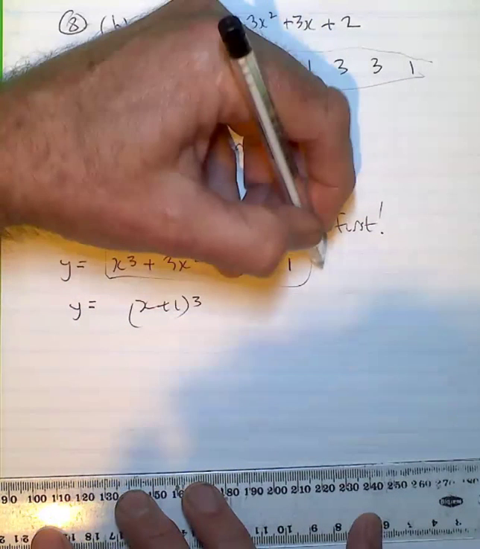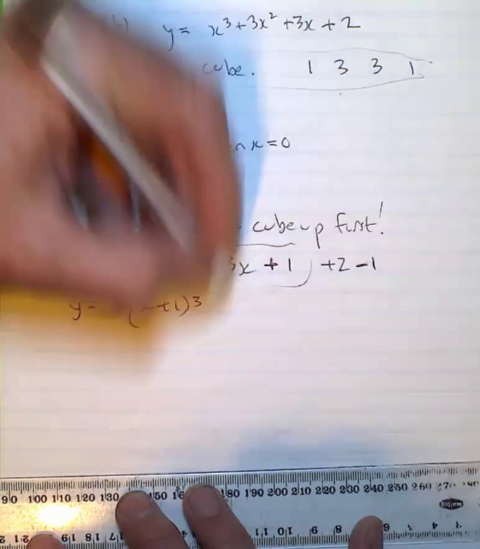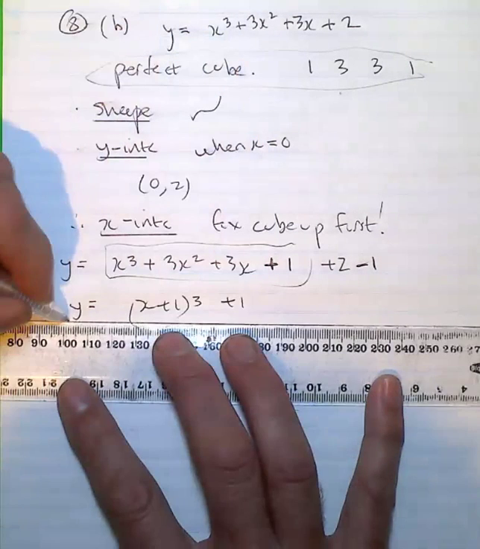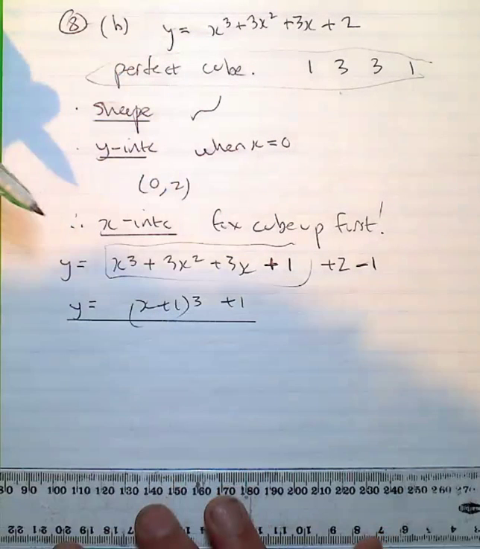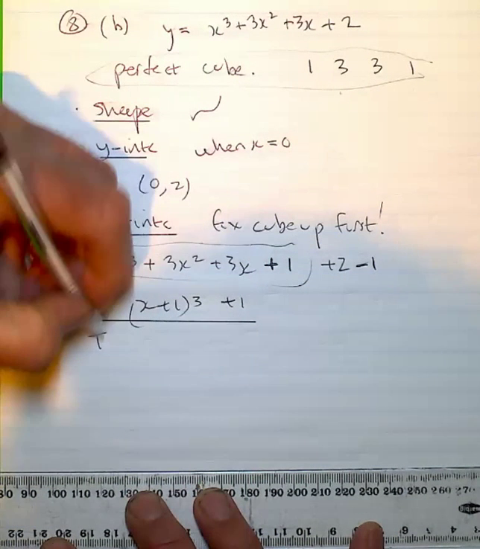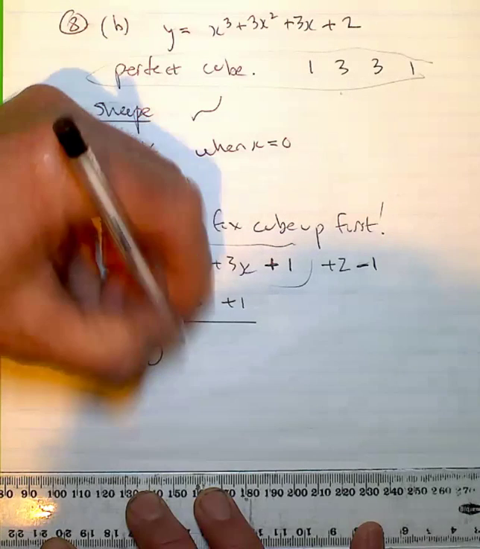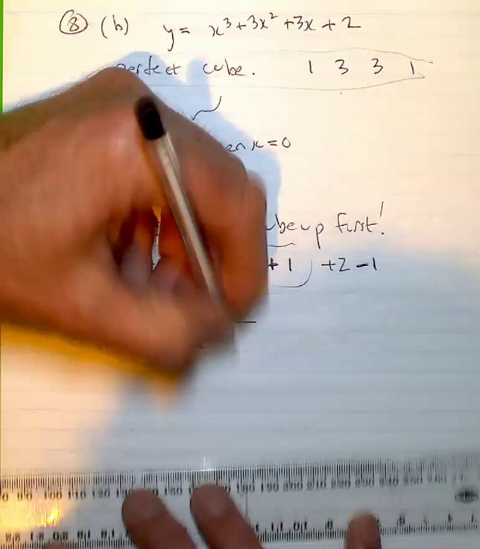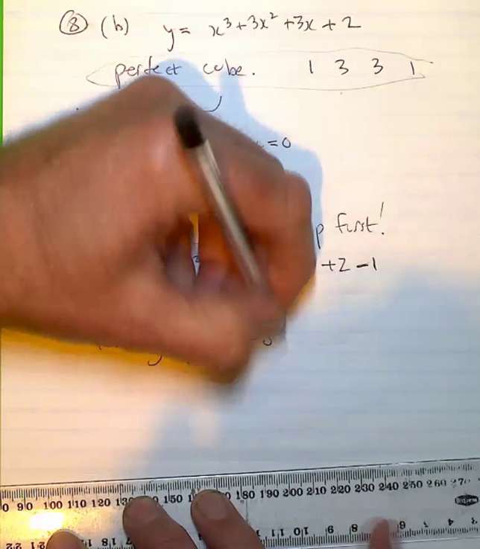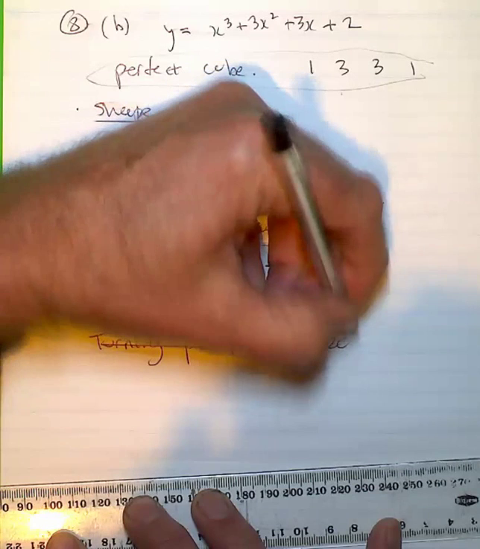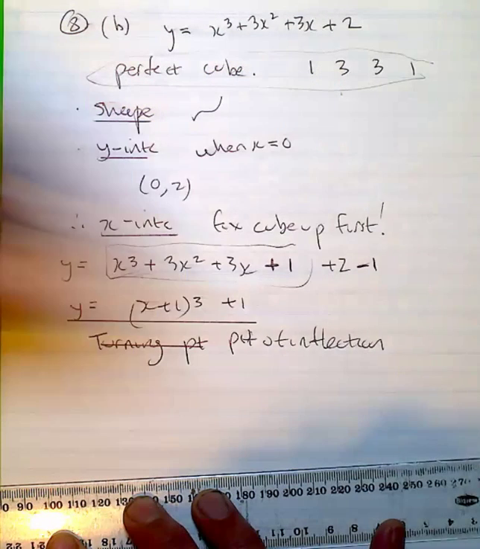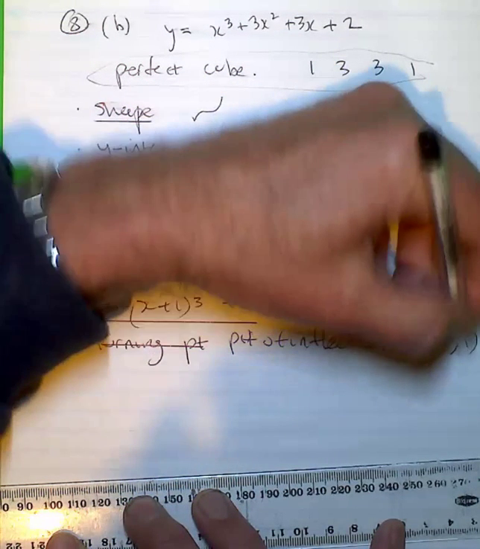Now if I've added 1 plus 2, take the 1 I've put in there, plus 1, and that is in the turning point format of a point of inflection at (-1, 1).